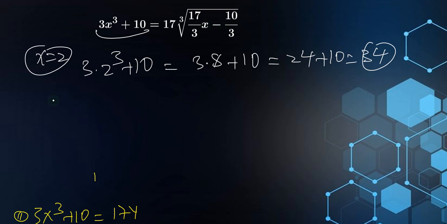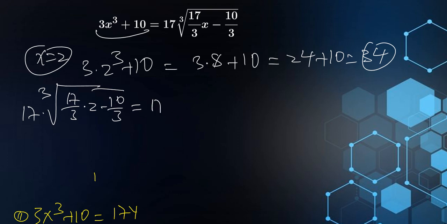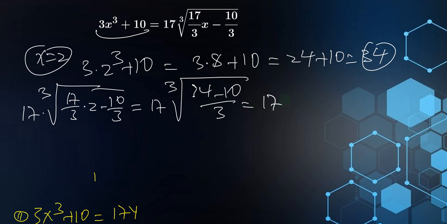The left side is 17 times the cubic root of 17 over 3 times 2, and then minus 10 over 3. So this is then 17 times the cubic root of 34 minus 10 over 3. This is then 17 times the cubic root of 24 over 3.